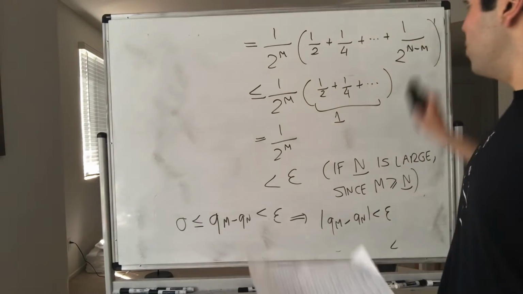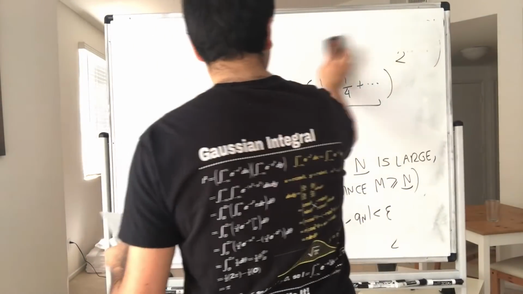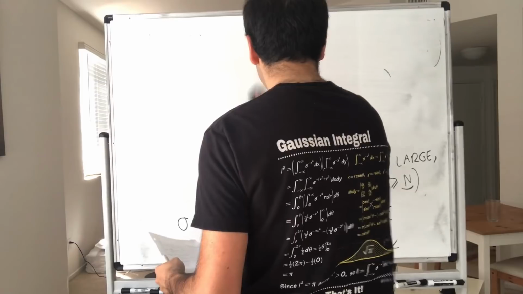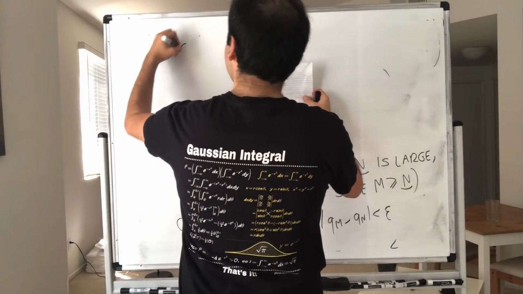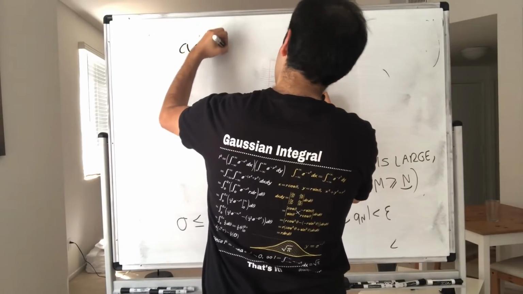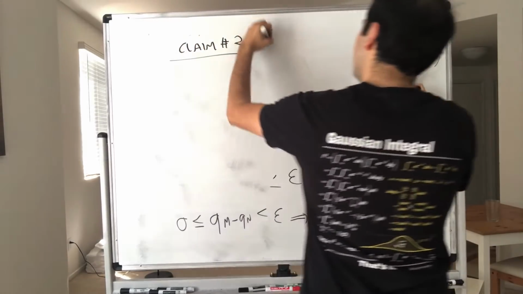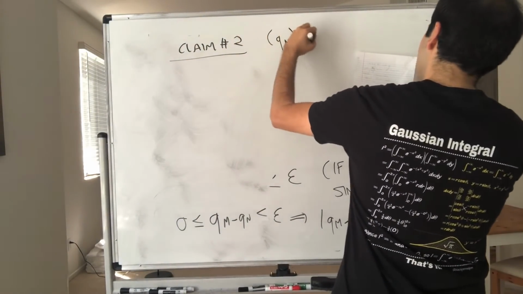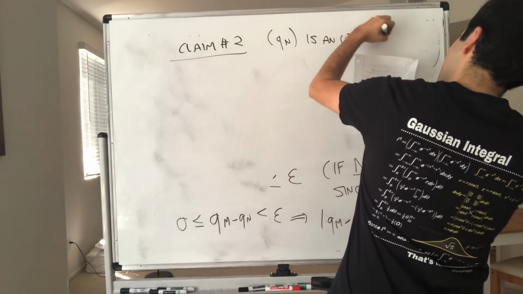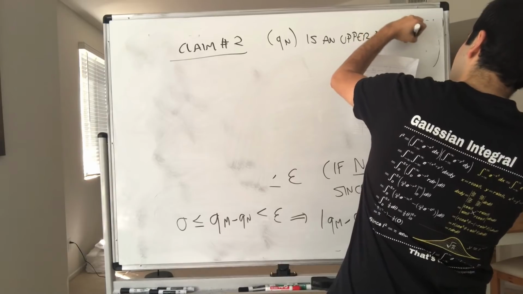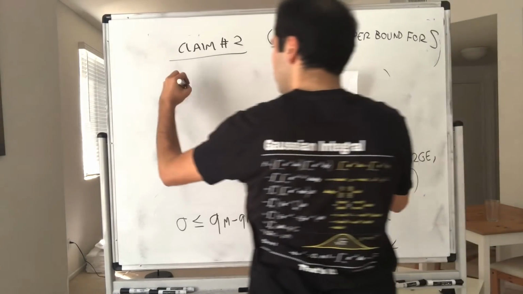And now we want to show that it's an upper bound. I know, isn't this proof crazy long? But it's okay. We're having fun. So claim number 2. Qn is an upper bound for S. Well, suppose not.